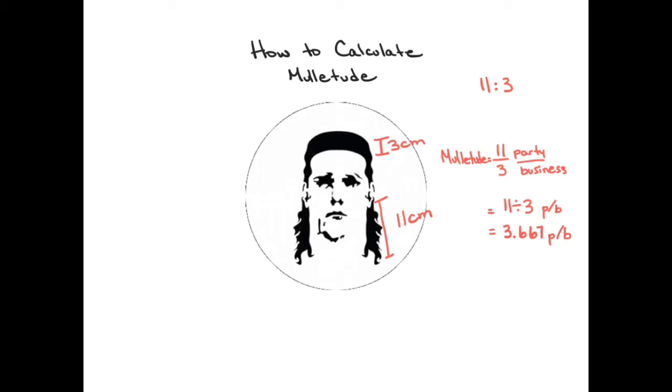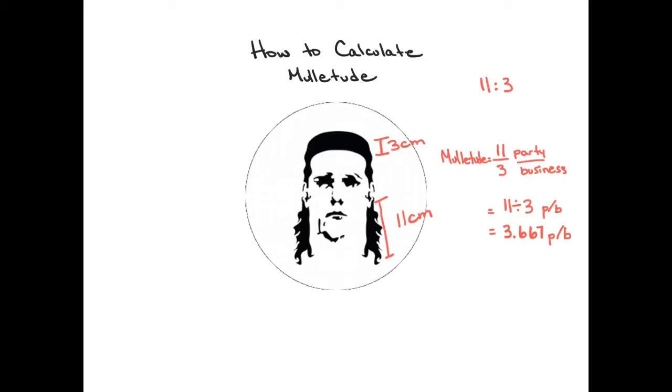So our mullet in question today has a mulletude of 3.667 party per business, or 3 and 667 thousandths party per business.